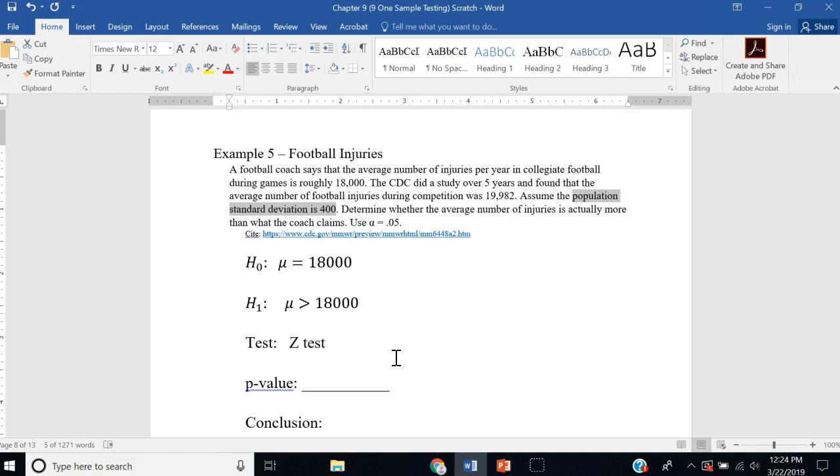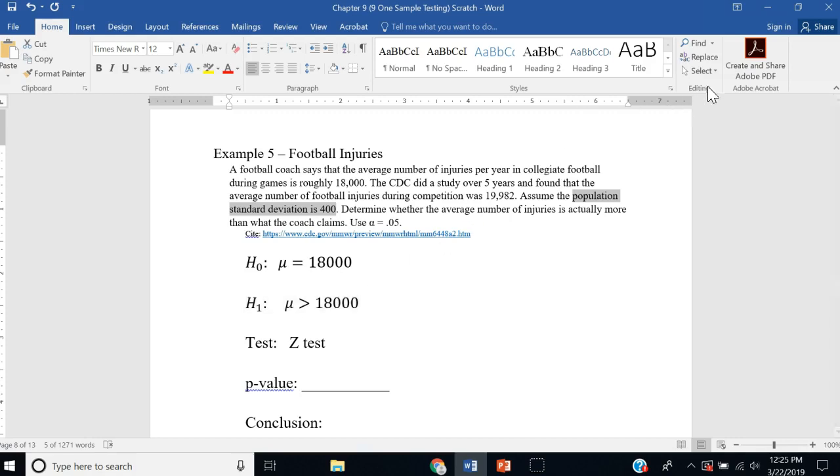Sigma, your population standard deviation, is 400. 19,982 is our sample average. My n, well, we only did this for 5 years, so it's a fairly small sample size. So n is 5, and we want to say is actually more, so we're going to use greater than mu sub 0.